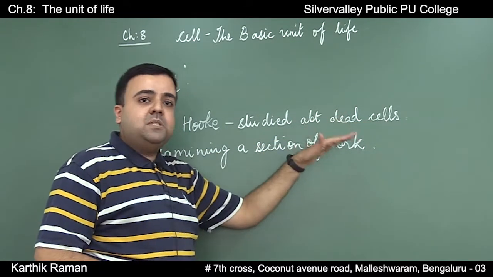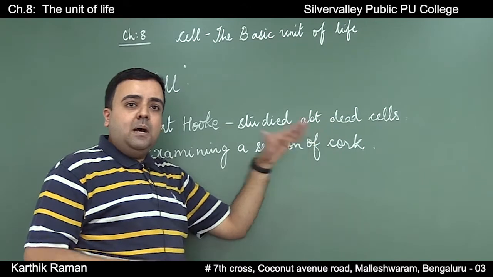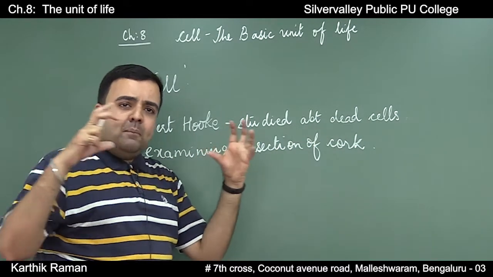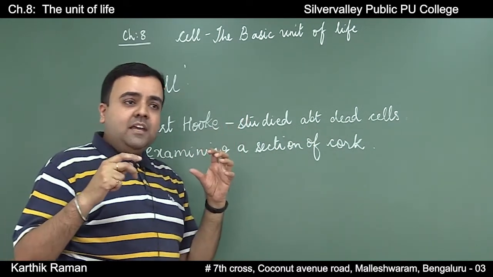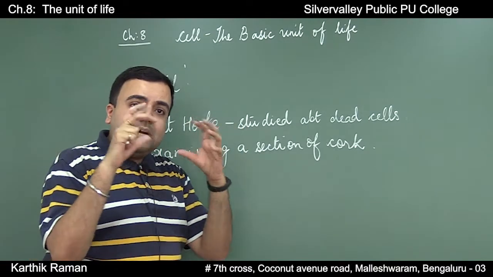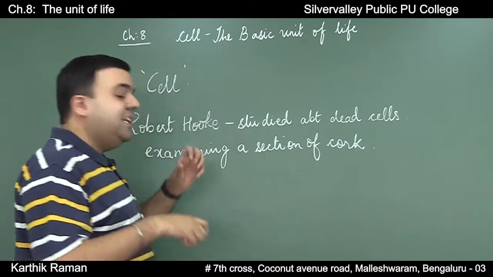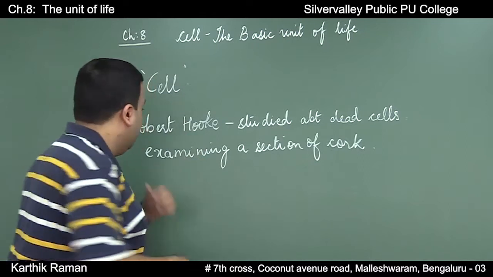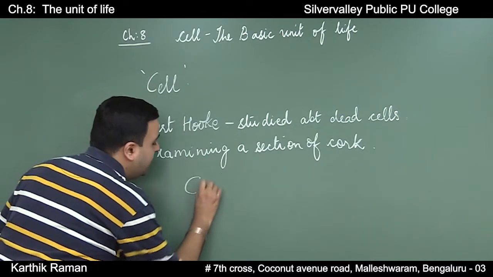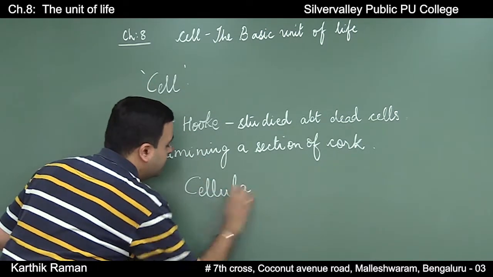So what he observed was a pattern or arrangement which had compact arrangement, okay. It looked like closed compartment-like structures. It resembled the honeycomb shape, and that is when he called them cellula.